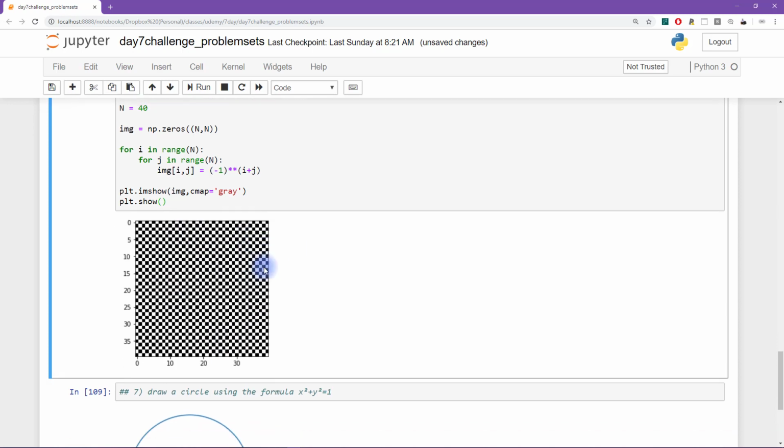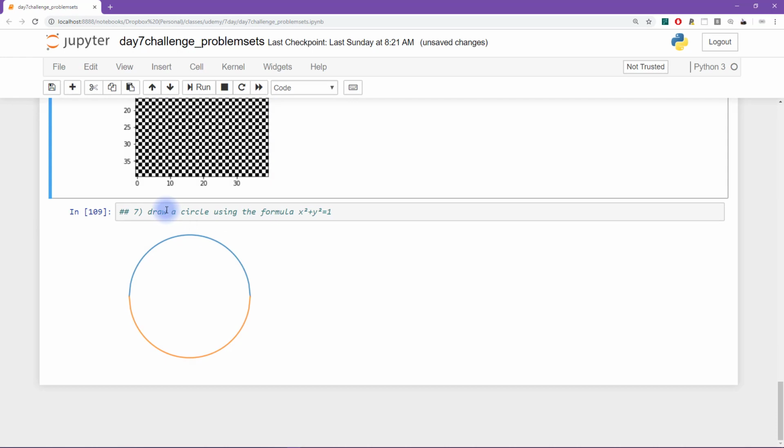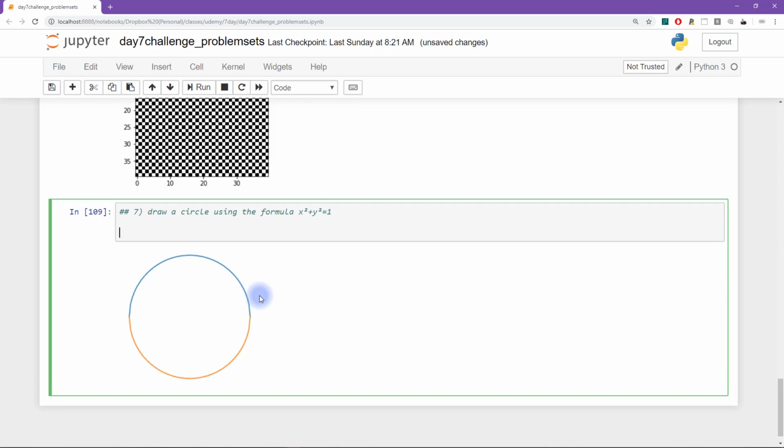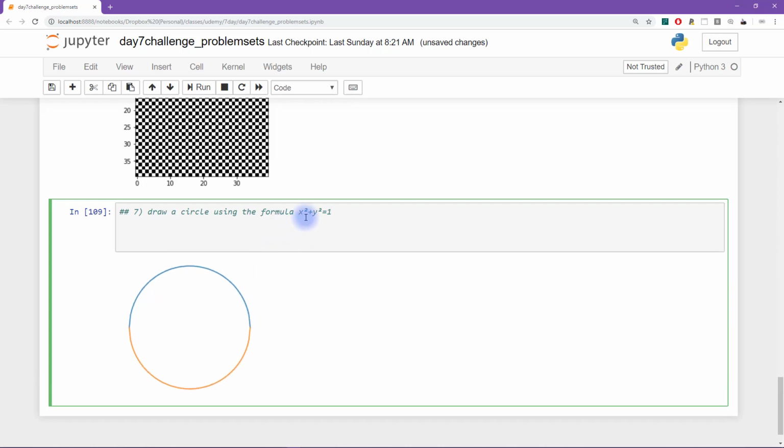So final stretch, we get to the 7th and final exercise, which is to draw another circle using the formula x squared plus y squared equals 1. So this is different from the first exercise because there you were using cosine and sine. Here you're using this algebraic formula x squared plus y squared equals 1.